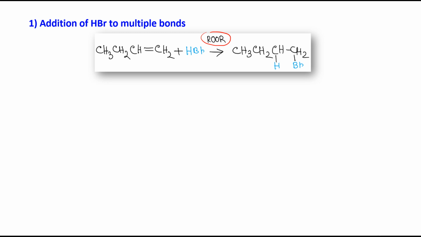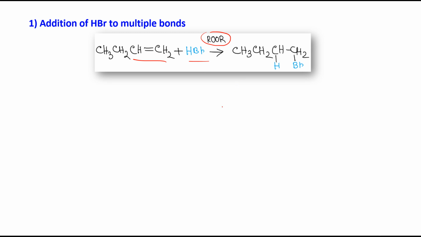For that you can check another video which I have done on this, and for that you can click on the link appearing on the screen right top corner. Okay, so this reaction we have here CC double bond and HBr in presence of peroxide.